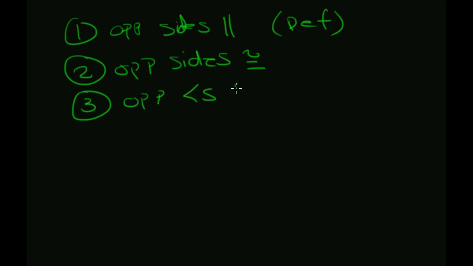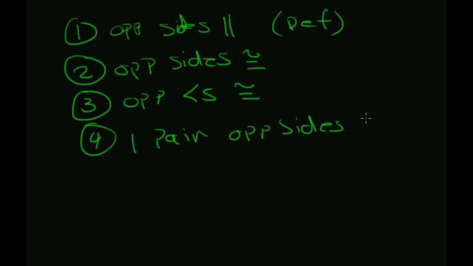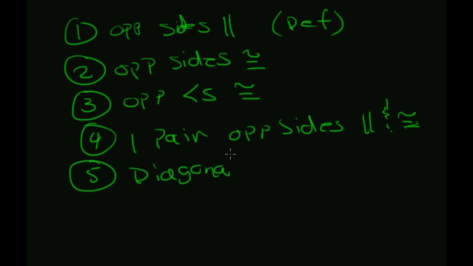Opposite angles congruent gets me a parallelogram. 1 pair of opposite sides is both parallel and congruent gets me a parallelogram. And the last one, the diagonals bisect each other, is going to get me a parallelogram. So this is 5 ways of proving that a quadrilateral is a parallelogram.